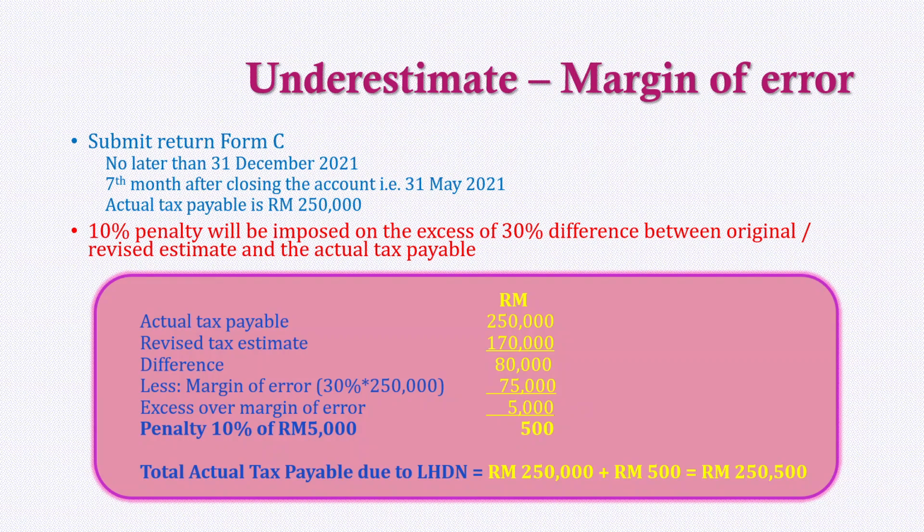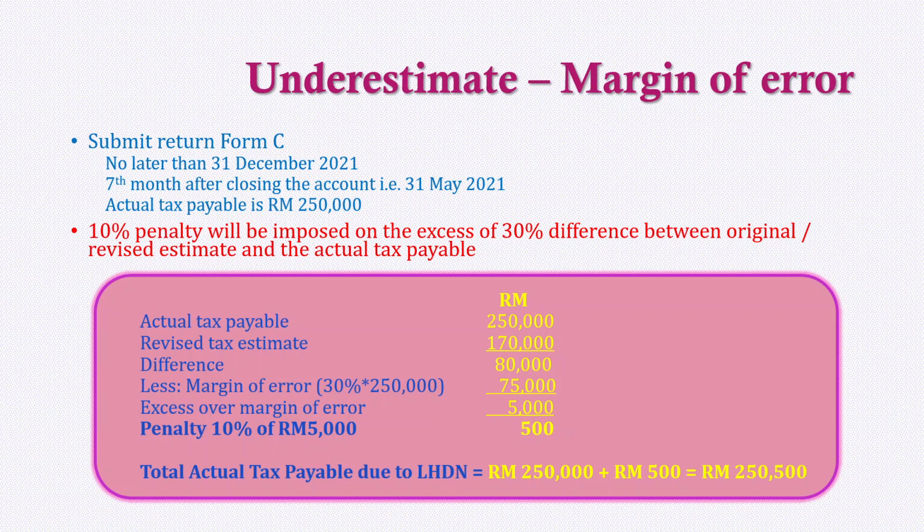Here the actual tax payable that you have computed is 250,000, and just now your revised tax estimate is 170,000. So the difference will be 80,000. Then how much will your margin of error be? The margin of error is 30% of the actual tax payable.